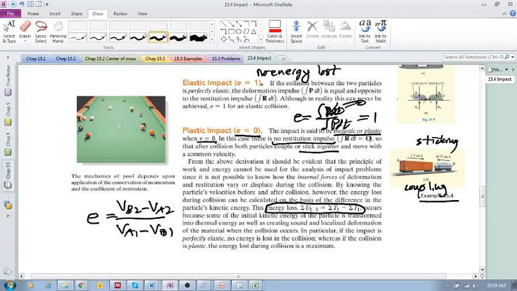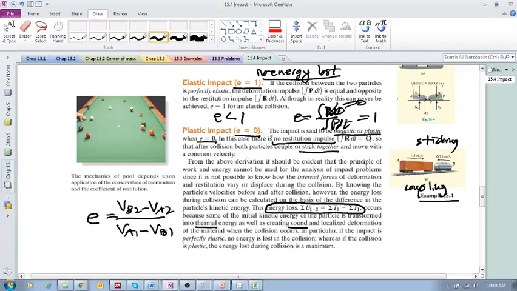We know that if E equals 1, there's no energy lost. However, if E is less than 1, then we have lost energy. And where do we lose it? We lose it to sound energy and thermal energy. The energy is transformed into those kinds of energy, and we can't use it any longer.